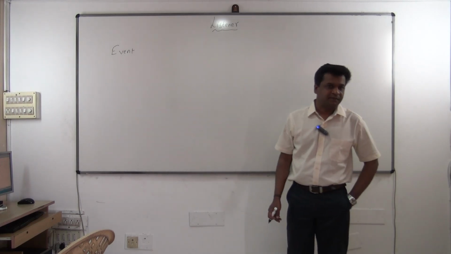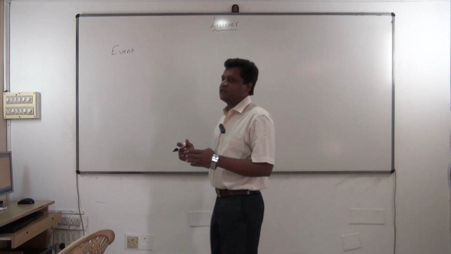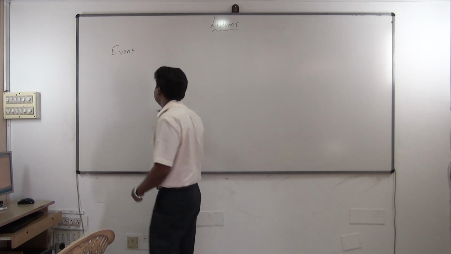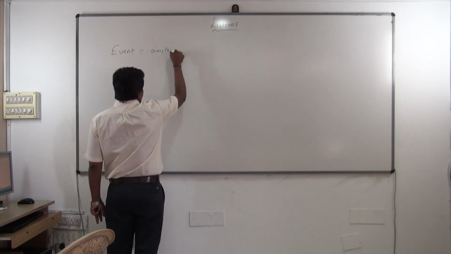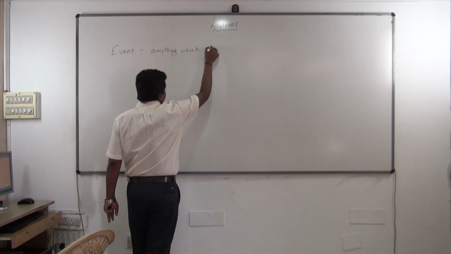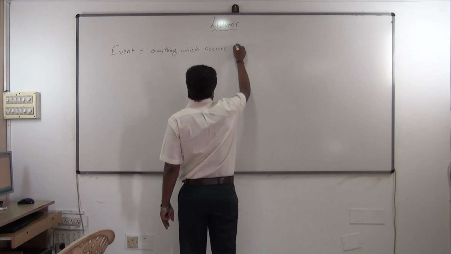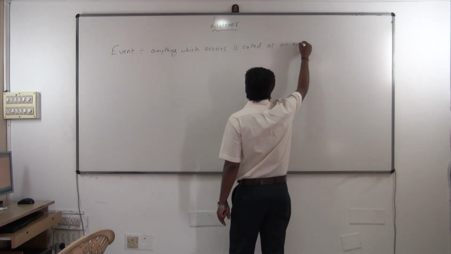Generally, in normal English, forget all this programming now, anything which happens is called an event. Anything which happens or anything which occurs is called an event. From the English point of view, I am teaching you.